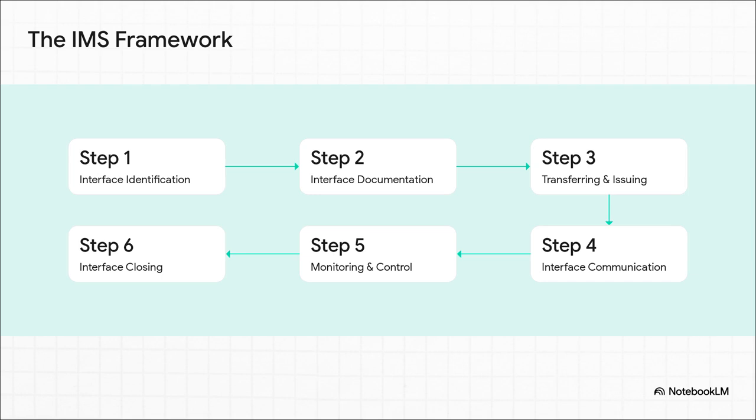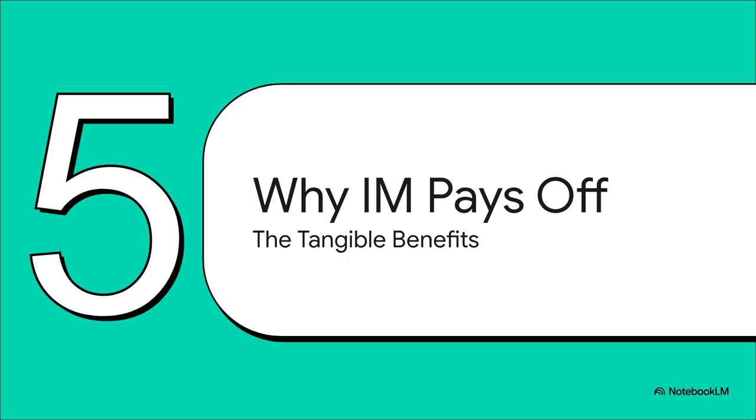Step 4 is communication. And we're talking formal agreements here so everyone's on the same page. Step 5 is where you keep your eye on the ball, monitoring and control. And finally, step 6 is closing, where everyone formally signs off that the job is done, the connection is made, and everything is approved.